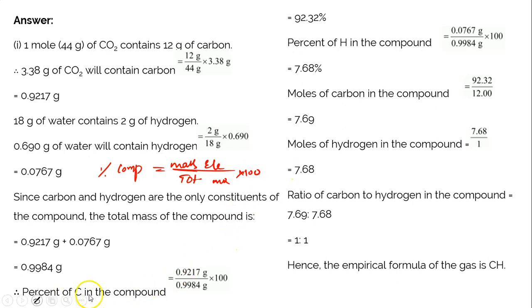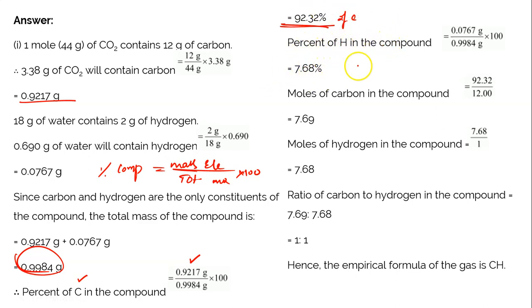Say you're talking about percentage composition of carbon. It means the mass of the carbon in your compound, which is 0.9217, divided by the total mass that you just calculated into 100, which in turn will be equal to 92.32%. So your welding gas consists of 92.32% of what? Carbon.